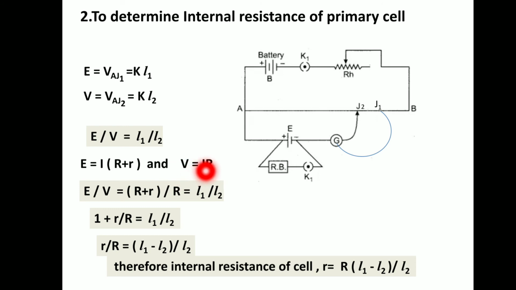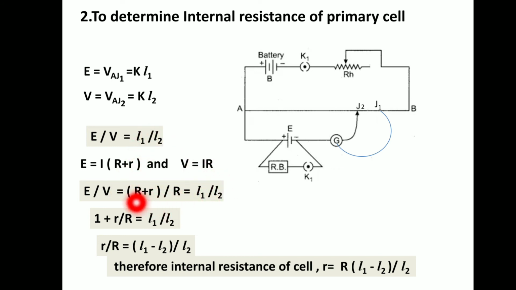And secondly, we know that V is equal to IR. On finding the ratio, we get E by V is equal to (R plus r) upon R, and this E by V is L1 by L2.